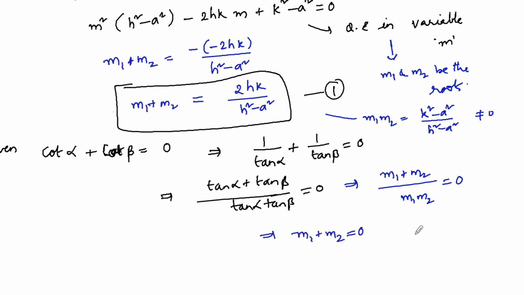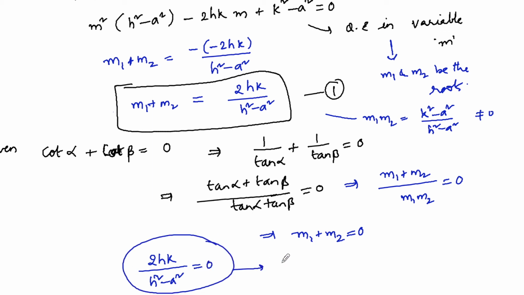So m1 + m2 = 2hk/(h² − a²) = 0 is the equation we are getting. Since (h, k) is a point on the locus, the equation of the locus of point P can be taken as 2xy in the numerator.